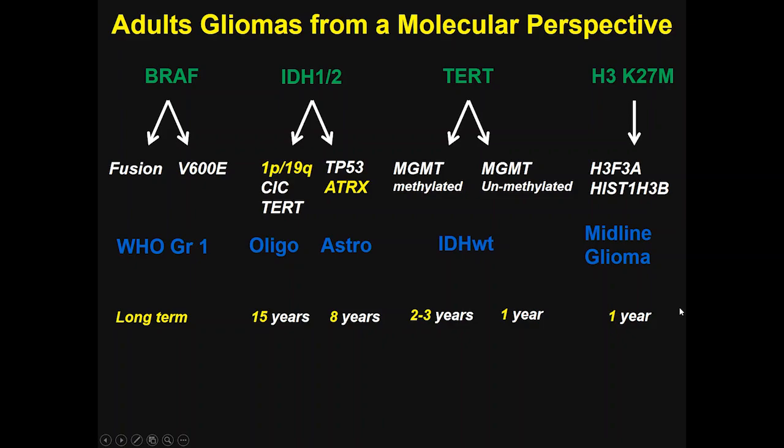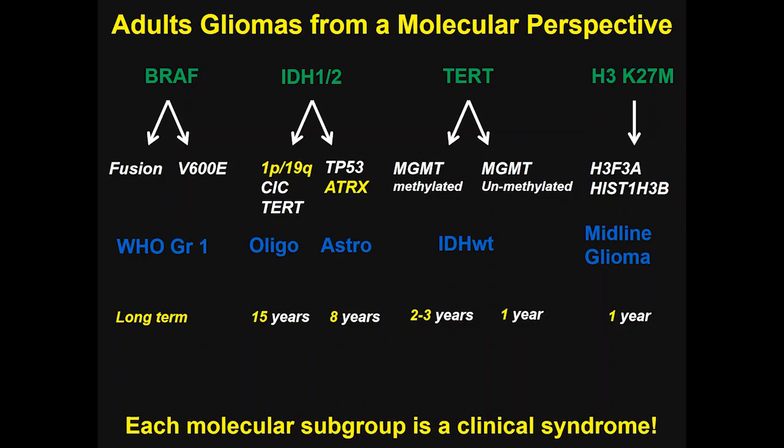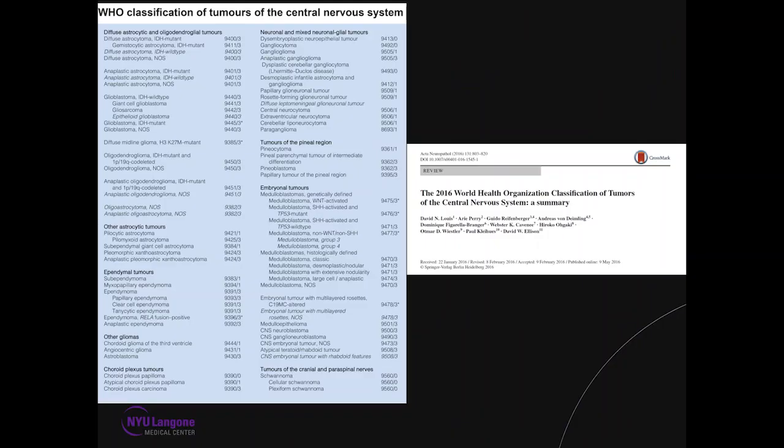That's the reason it's important to discuss these tumors along with the adult gliomas. I'm going to show you how these subcategories are really clinical syndromes, because the majority of them have different age groups, and the presentation is also more specific to the group.